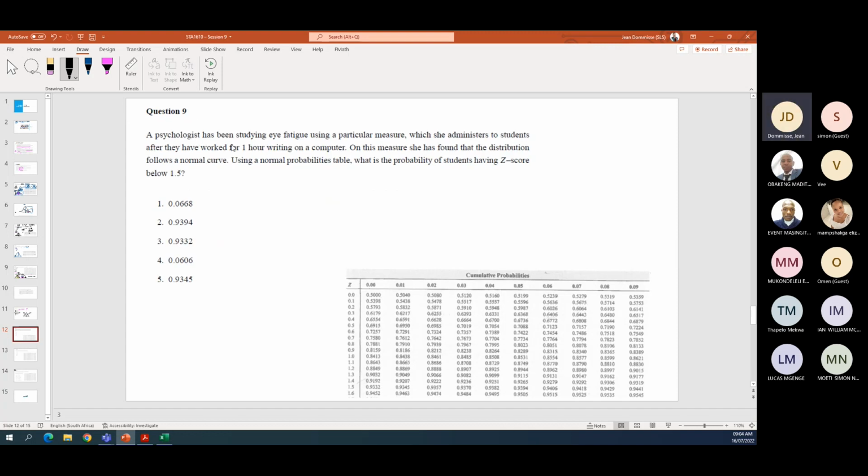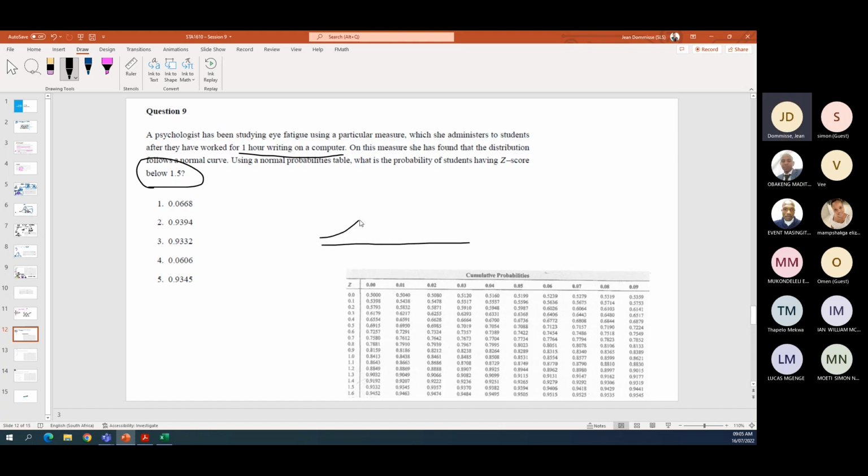A psychologist has been studying eye fatigue using a particular measure, which she administers to students after they have worked for 1 hour on a computer. On the measure, she has found that the distribution follows a normal curve. Using a normal probability table, what is the probability of students having a Z score below 1.5?